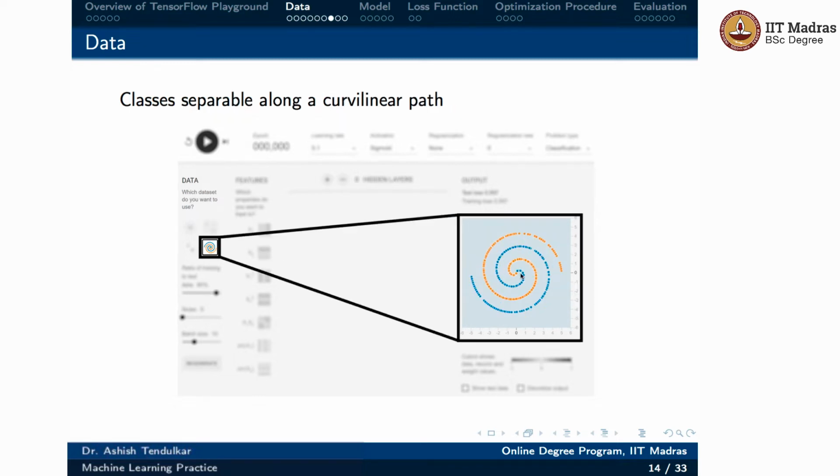And an even more complicated one where the classes are separated on a curvilinear path. So this is an even more complex data set to learn the decision boundary. So depending on what you want to explore, you can select one of these data types and see its effect on the model that is getting trained for a given configuration of other components in the framework.